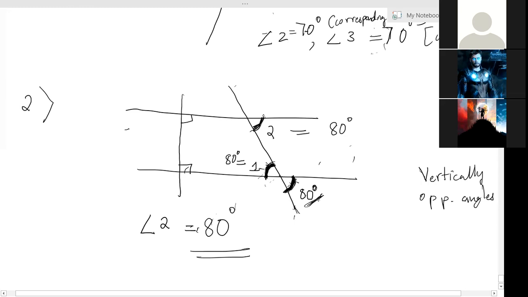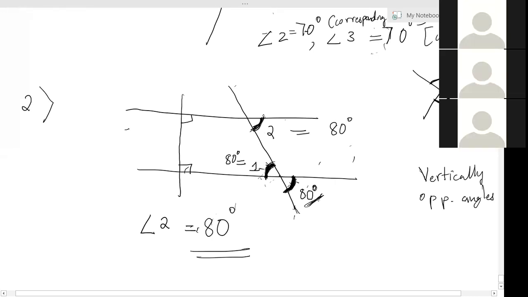Vertically opposite means if I have a cross like this, then this angle and this angle are called vertically opposite. Then from here again, I have corresponding, which is kind of the same thing. So did you understand, Amog?